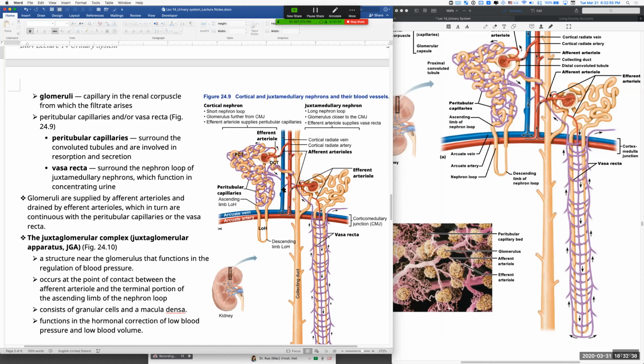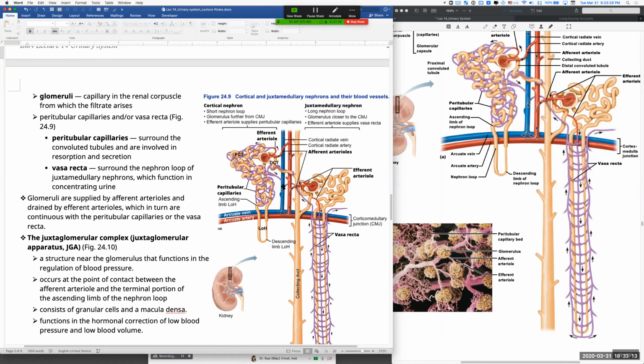What is faulty about this picture is that it should have shown peritubular capillaries here as well. So make a note of that in your lecture notes: whether it's a cortical nephron or a juxtamedullary nephron, both are going to have peritubular capillaries. But in the case of the juxtamedullary nephron, those peritubular capillaries will then lead into vasa recta, which then drains into the cortical radiate vein.